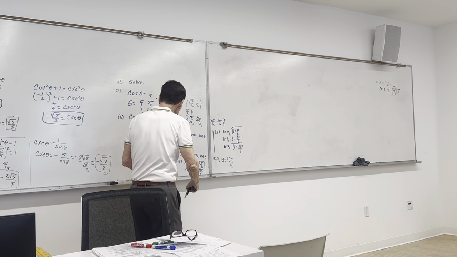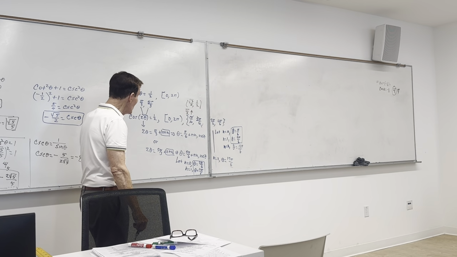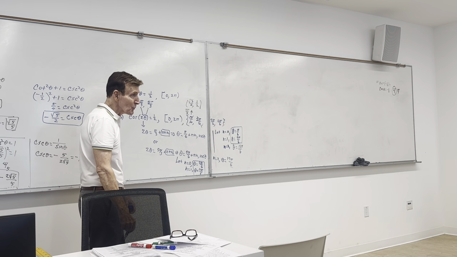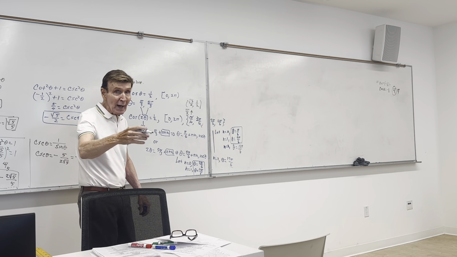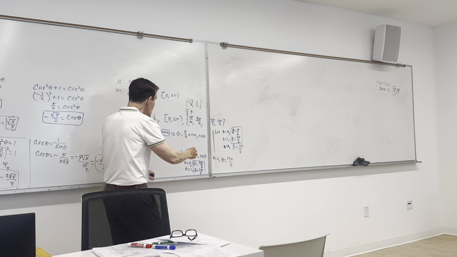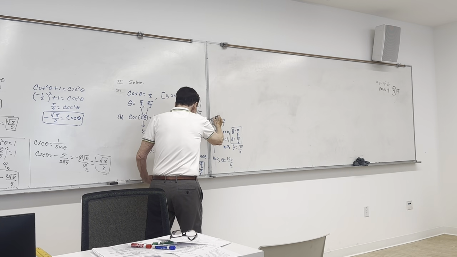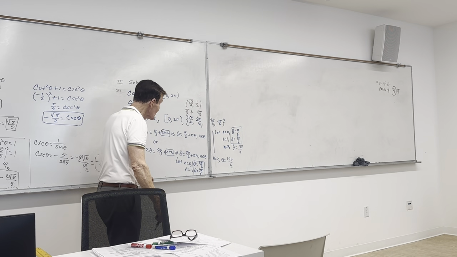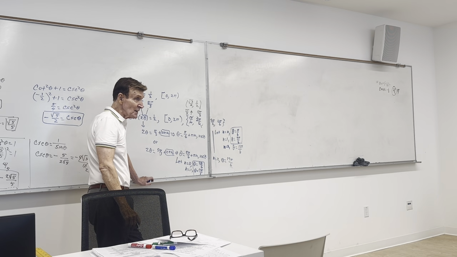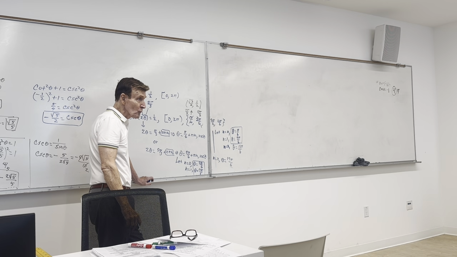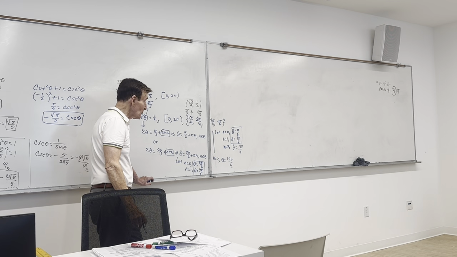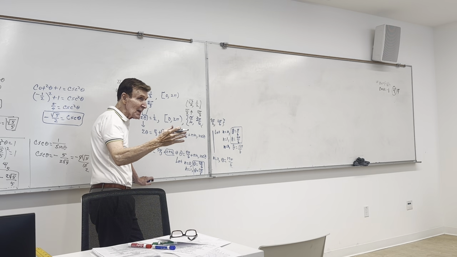Help me out, for cosine to be a positive 1/2, where's the next one? 5 pi over 3. I just did this on purpose, I just wrote the answers down. It's not 7 pi over 6, is it, or are we done? Is it 5 pi over 3, guys, is that 300 degrees?